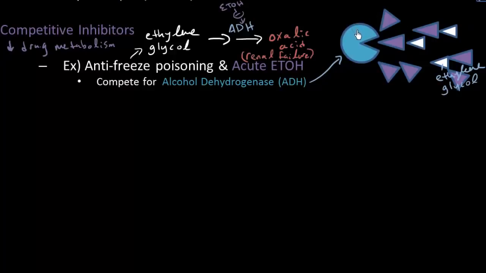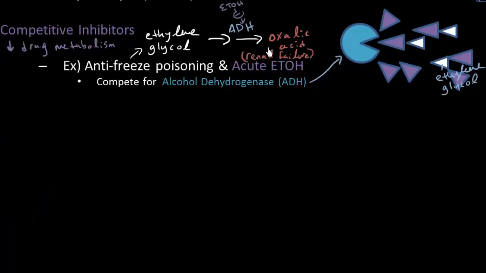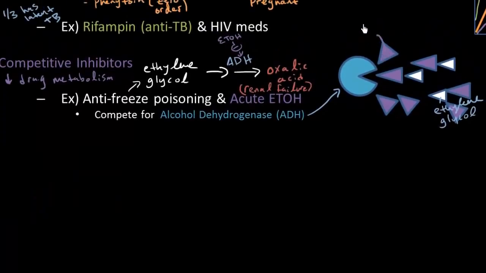Now I should note that as of recently, alcohol has kind of fallen out of favor. And so this could be ETOH, but most recently they use a new drug called fomepizole. And this is probably what most toxicologists would recommend in the emergency department.